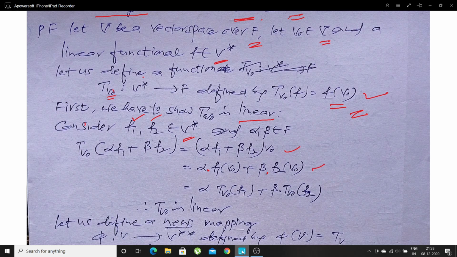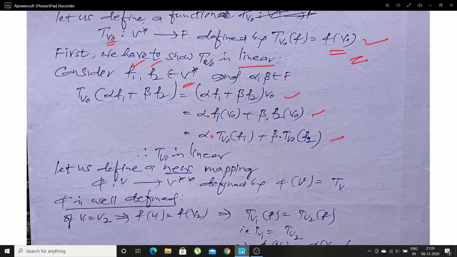Again, using the condition of the mapping, this can be written as alpha times T V naught of f1 plus beta times T V naught of f2.